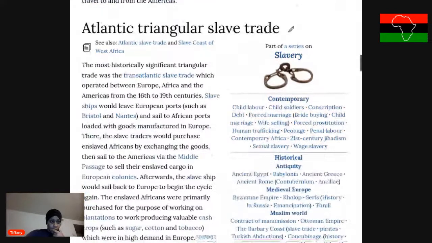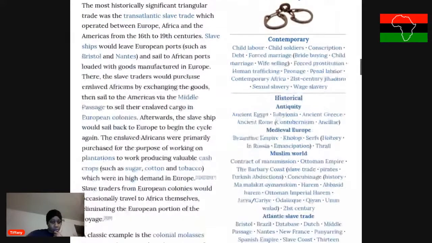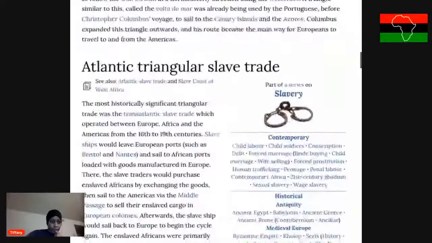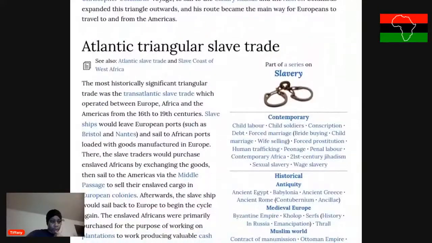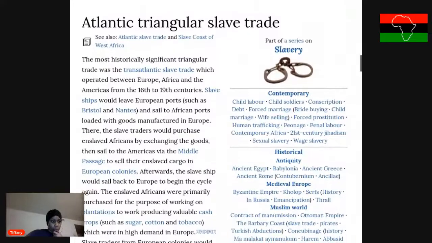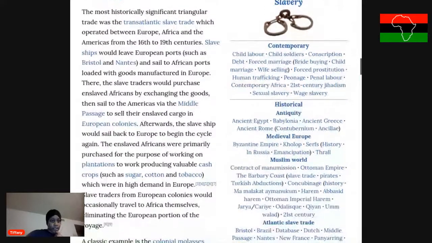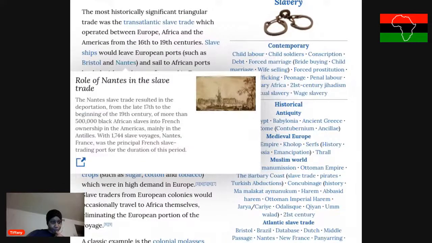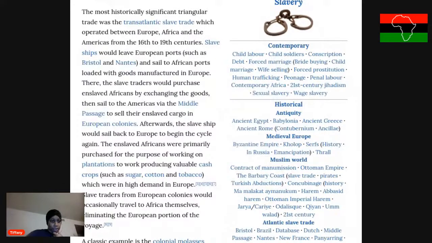All right. So the Atlantic Triangular Slave Trade. It says the most historically significant triangular trade was the transatlantic slave trade, right, which operated between Europe, Africa, and the Americas from the 16th to 19th century. Slave ships would leave European ports such as Bristol and Nantes, right, and sail to African ports loaded with goods manufactured in Europe.